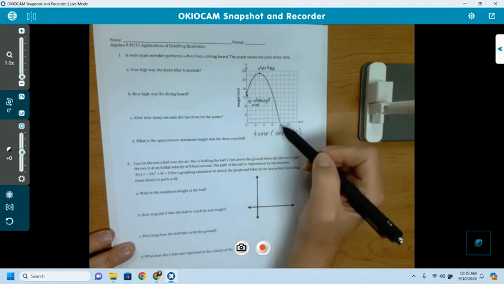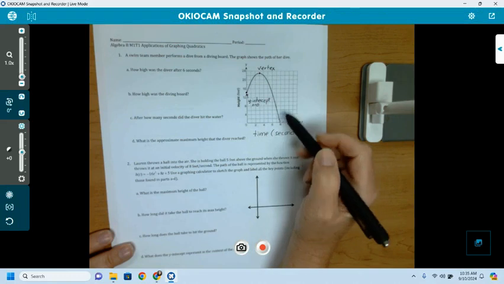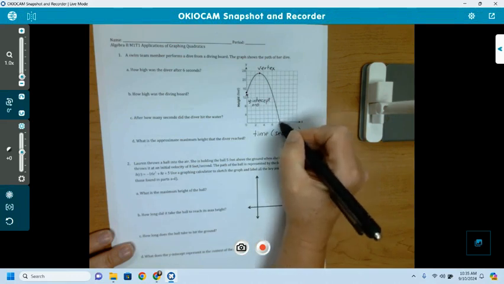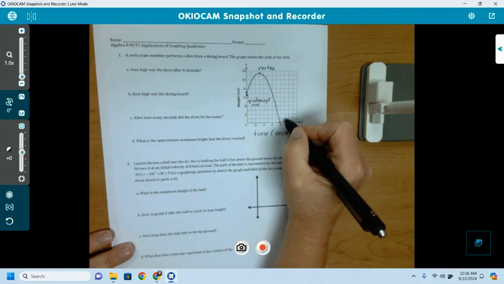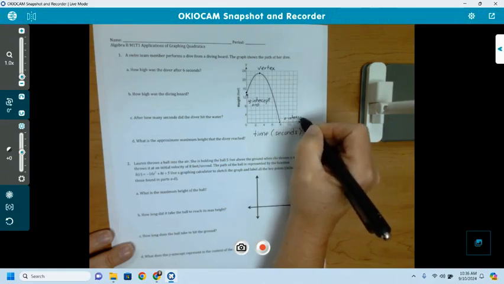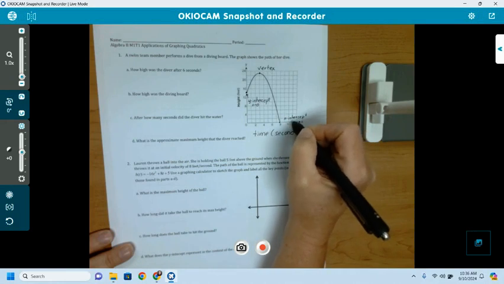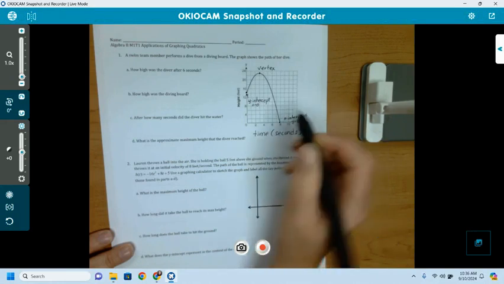Then we have down here where the graph meets the x-axis. This would be the x-intercept. This is where y equals 0.